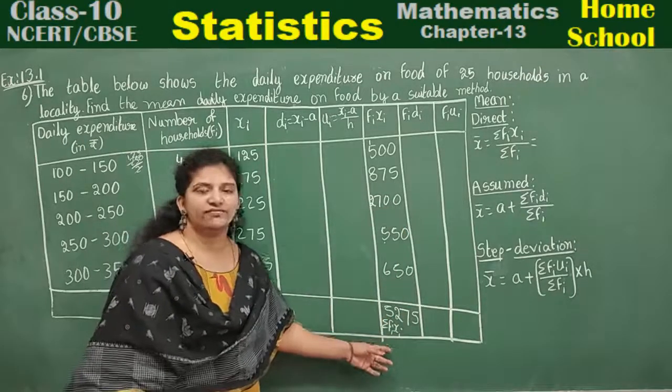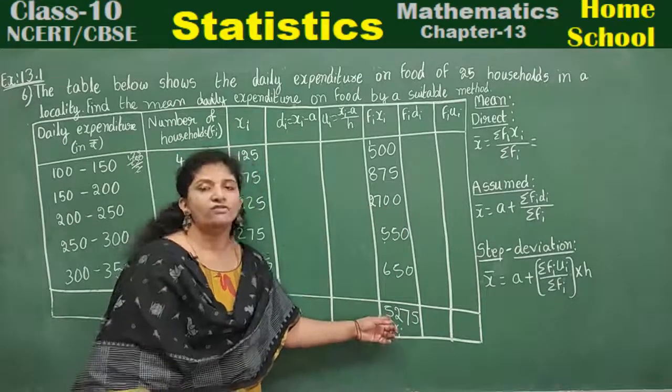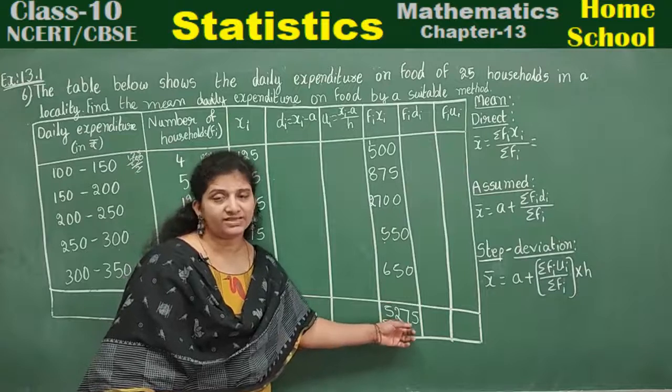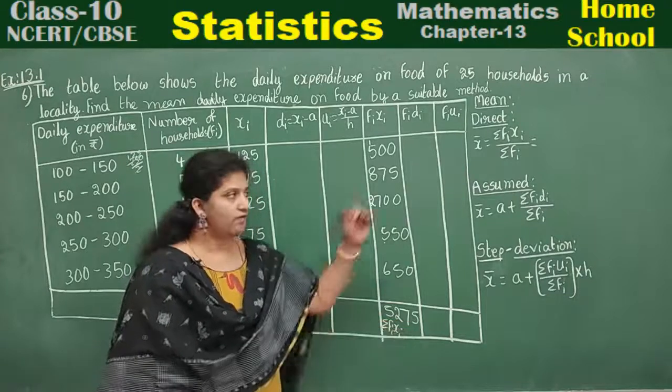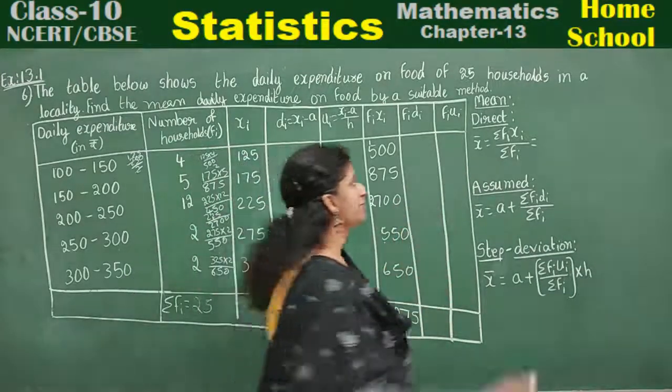Therefore, summation Fi Xi is equal to 5275. Apply the direct method formula.